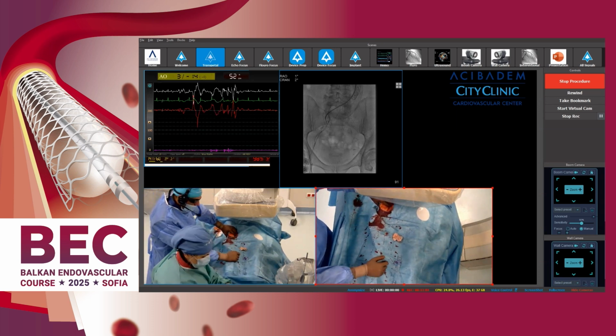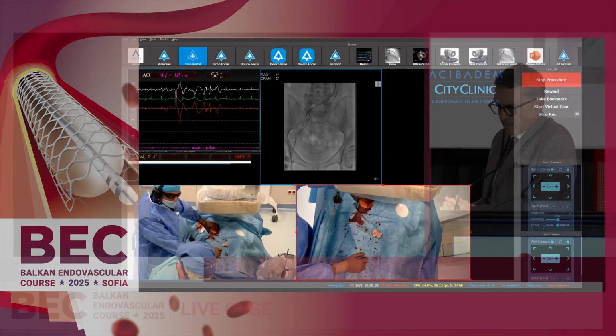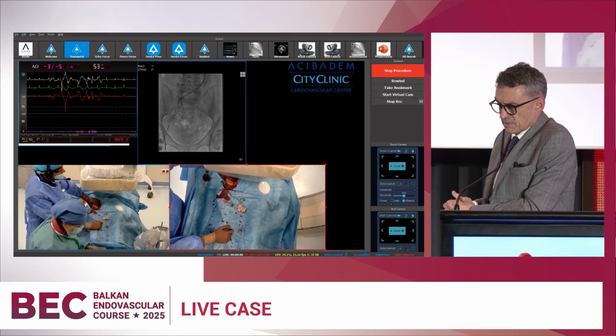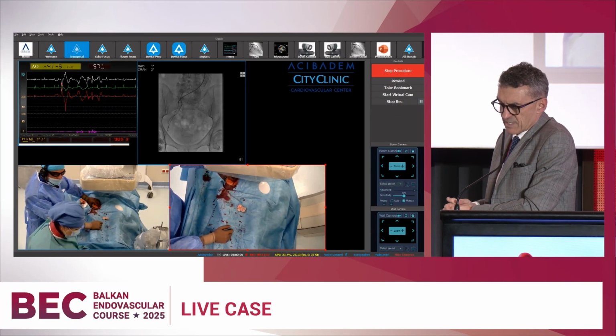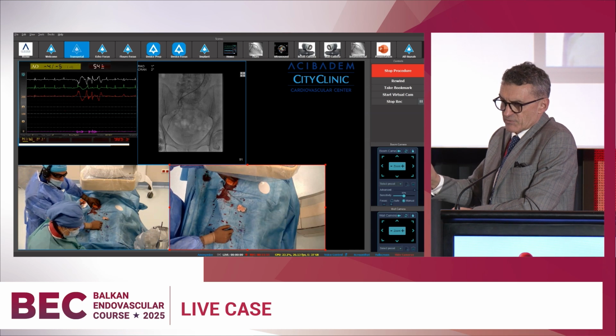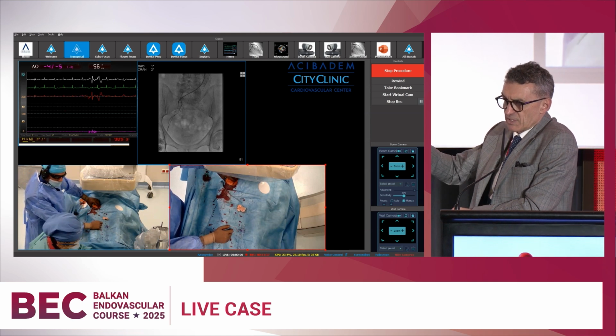It's a stepwise approach: for example 6 French, 8 French, 10 French, 12 French.